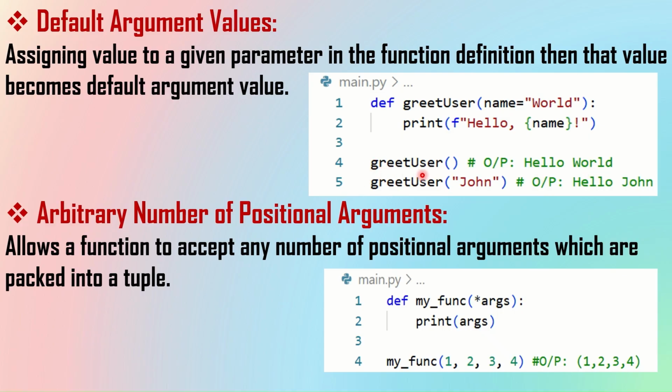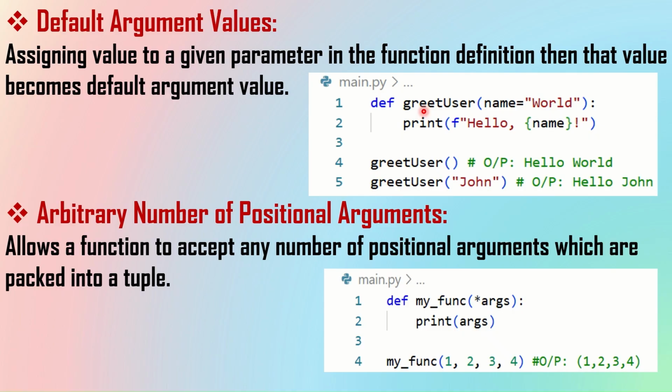While calling this function, I have not passed any arguments. Whenever I don't pass any arguments, the function definition itself takes this parameter as a default argument and assigns the value to this name variable. Similarly, in the fifth line, I have called the same function, but this time I have passed John as an argument.